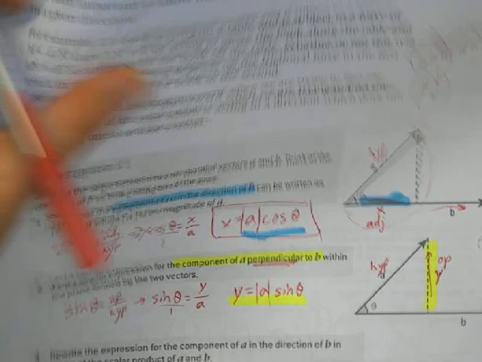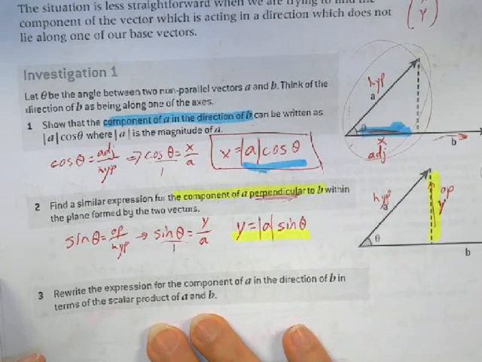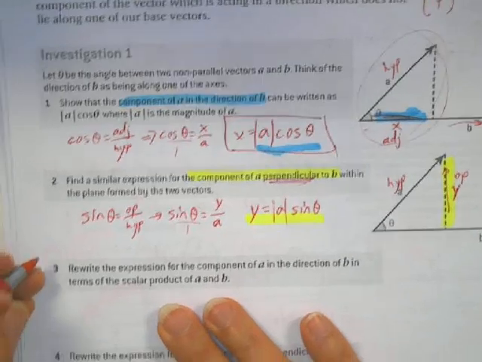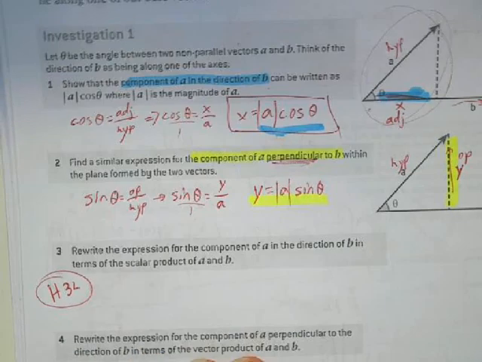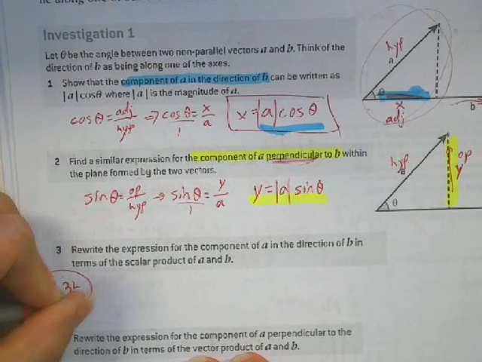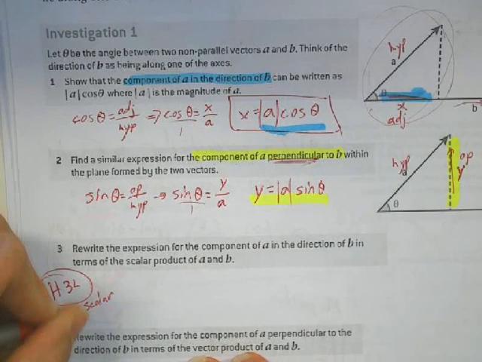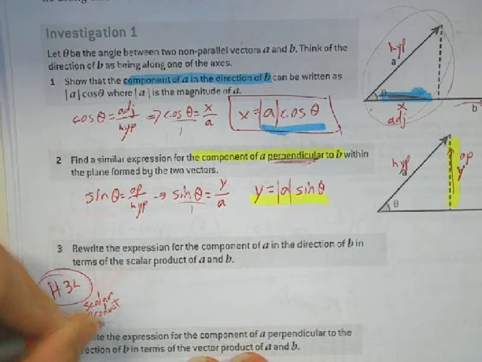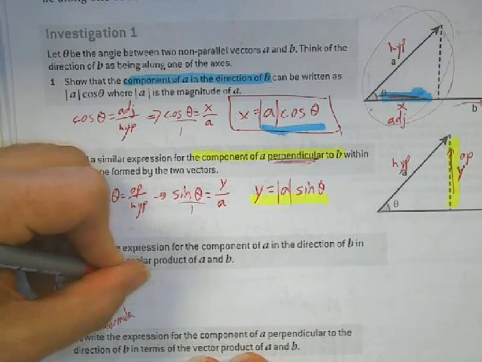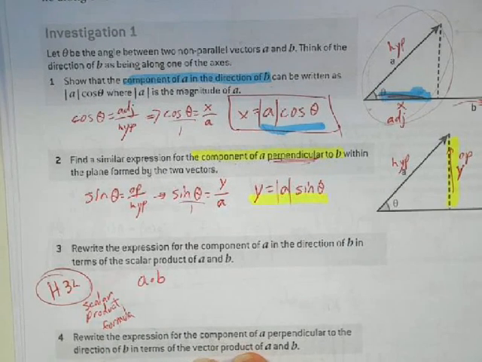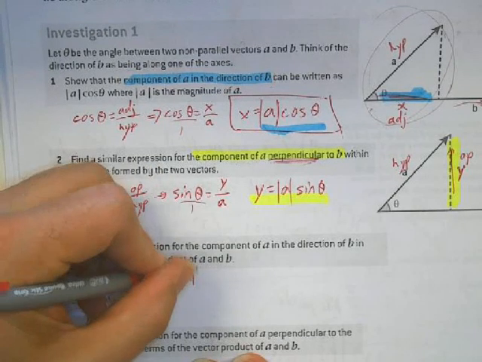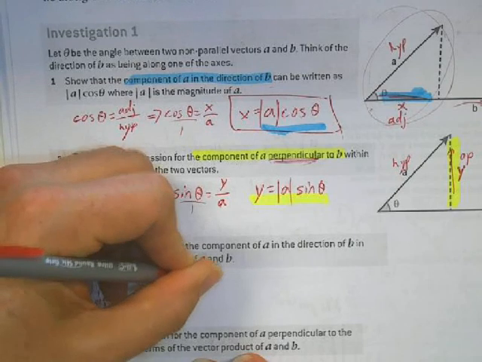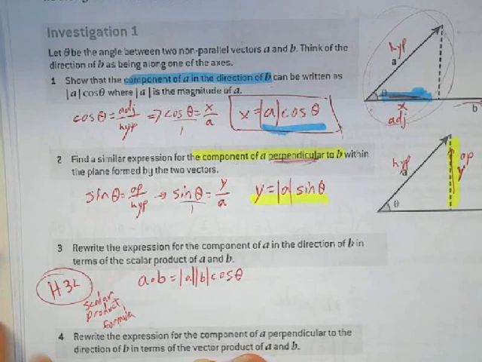So in the H3L chapter, we used the scalar product formula, and we've got A dot B is equal to the magnitude of A times the magnitude of B cosine theta.